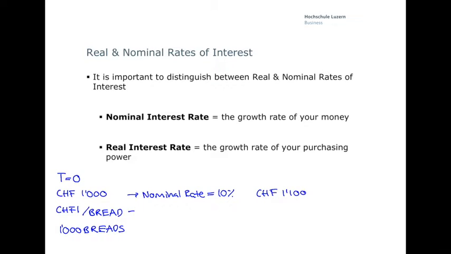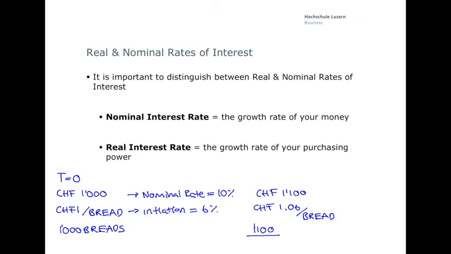So that means 1 year from now your 1,000 Swiss francs is worth 1,100 Swiss francs. Now, as there is also inflation of about 6%, the price of your bread also increases to 1.06 per bread.